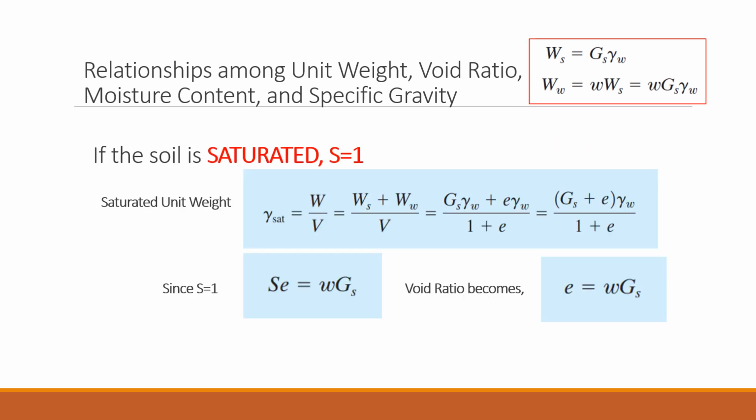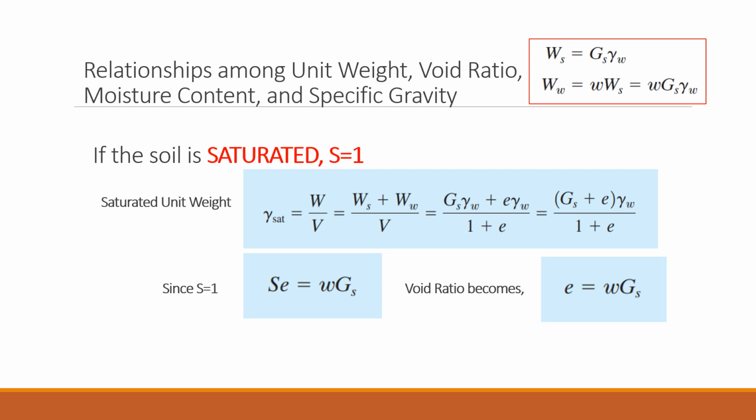So now, with the same scenario wherein our volume of solids is equal to 1 and our volume of voids is equal to E, for those of you who might have wondered why we set it that way, we set it in our scenario so that we will be able to establish this formula.